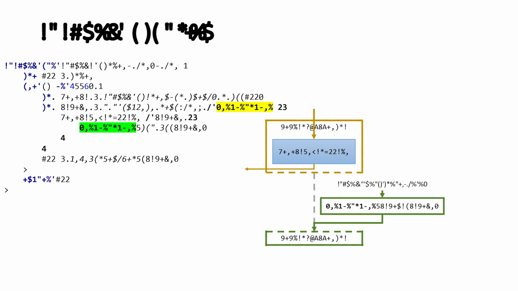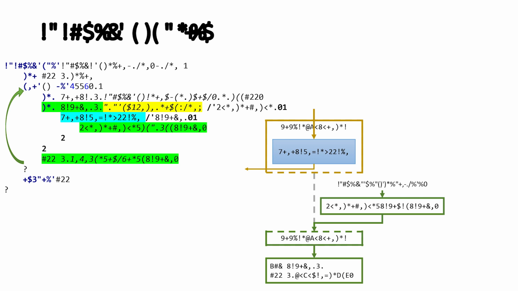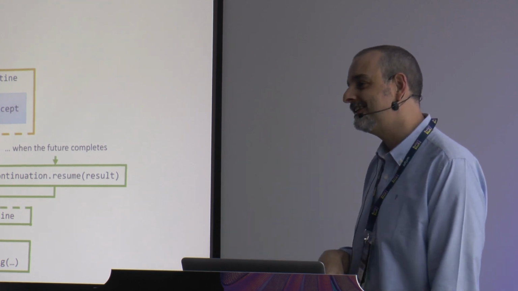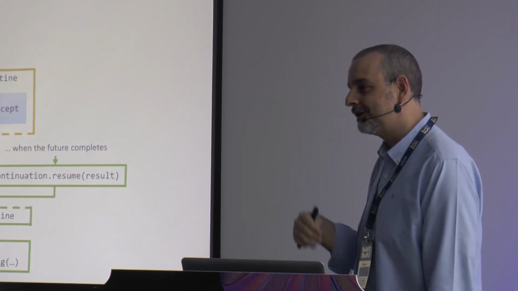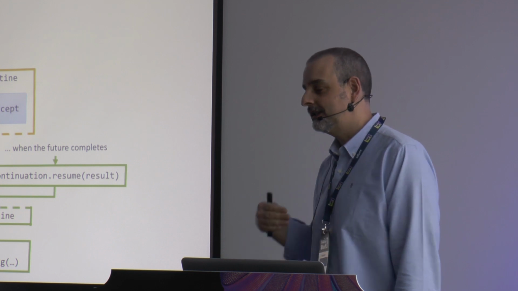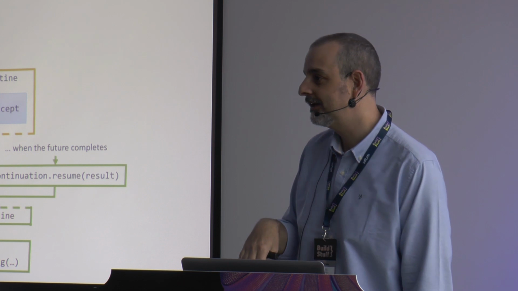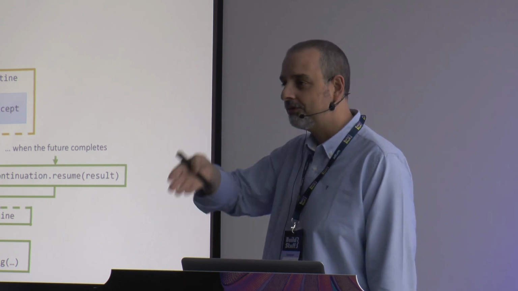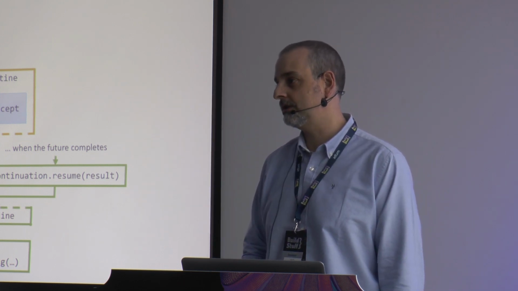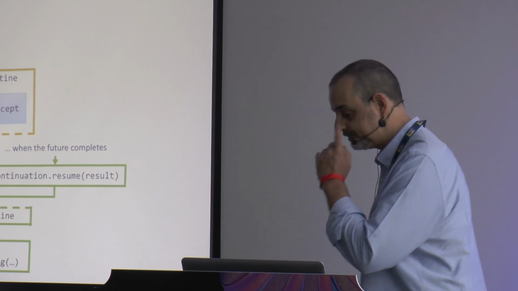The call to resume will re-enter the suspendCoroutine and will continue. So I called suspendCoroutine in the slightly yellow thread, and I end the suspendCoroutine in a different thread. So there was a suspension point, there was a resume, potentially in a different thread, but the flow seems to be completely sequential. Okay.